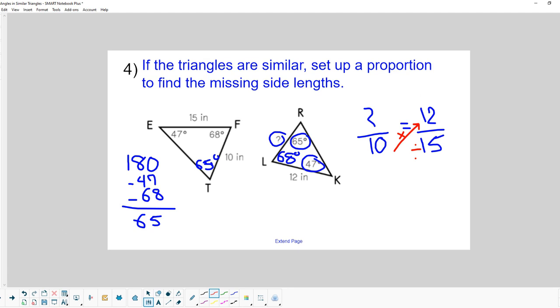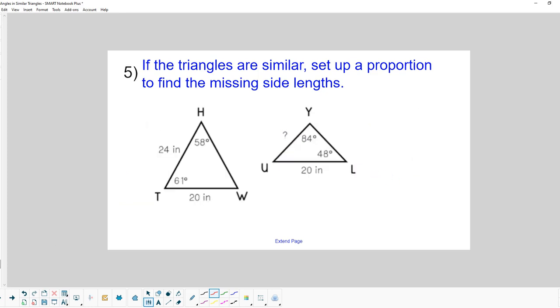So let's get our calculator. 10 times 12 equals, divide by 15, and that equals 8. So our missing side here on this diagram equals 8. All right, pretty slick. There you go.